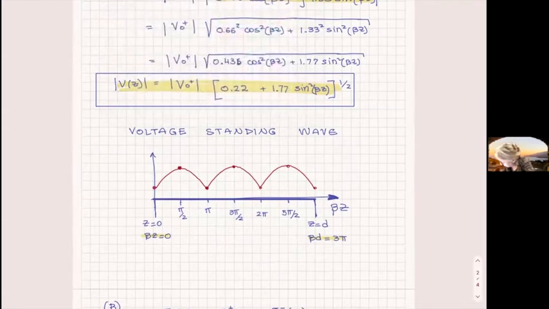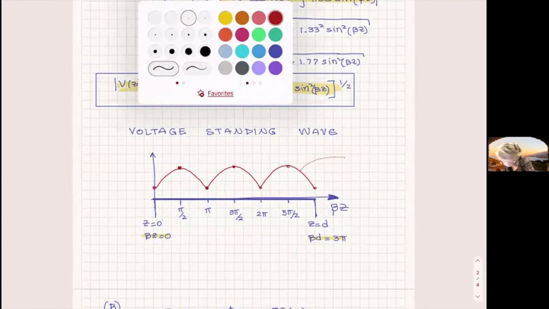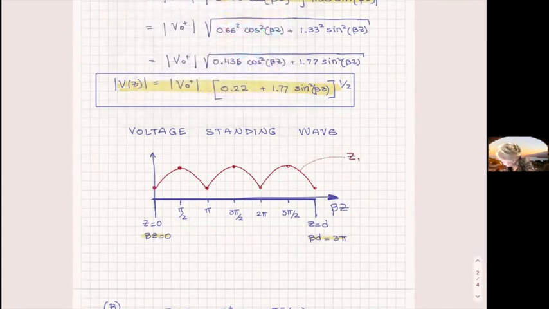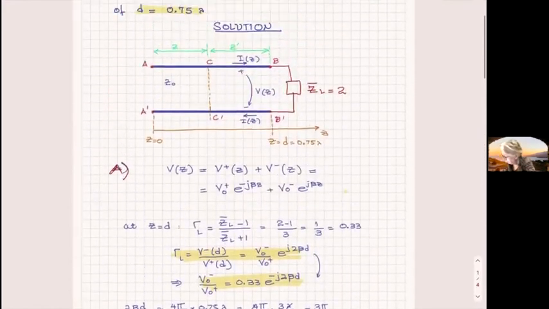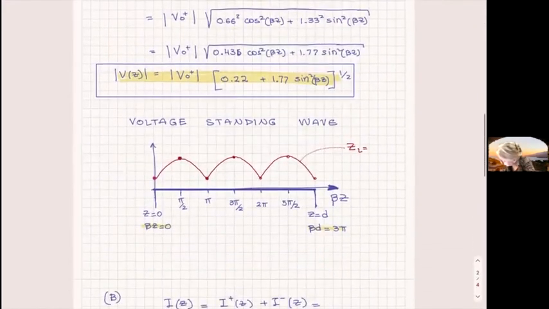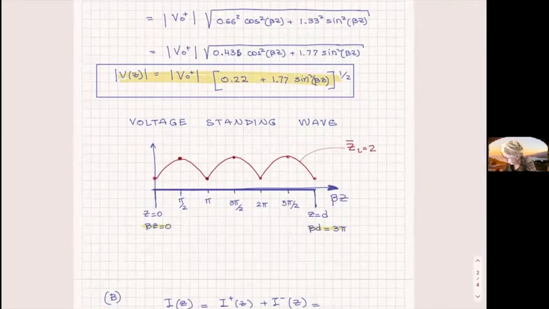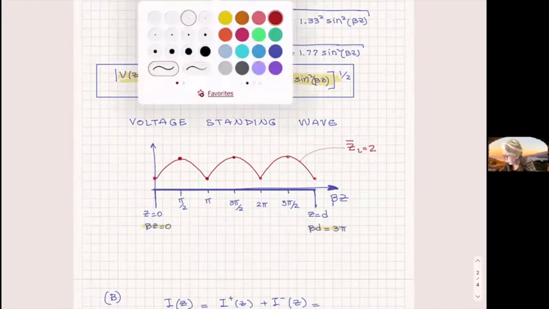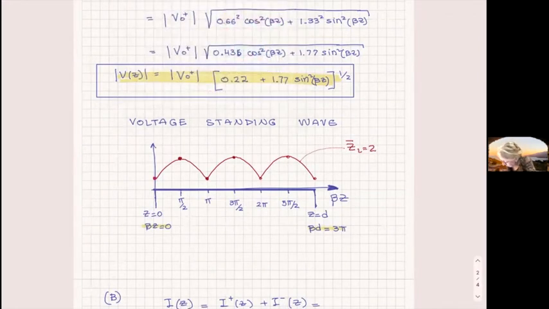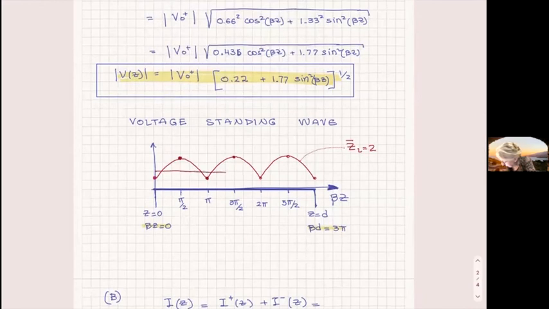So this one is for ZL to be, what did I say it was? Forgot already, 2 normalized. But if ZL normalized were to be 1, meaning Z naught, then the voltage standing wave would have been something like that. All right, a straight line.